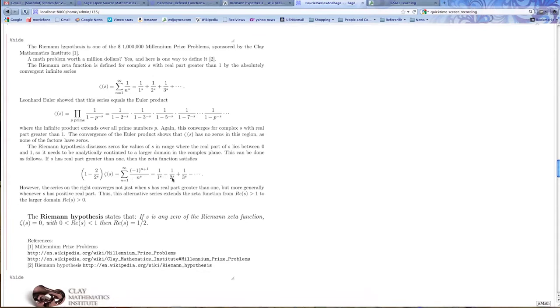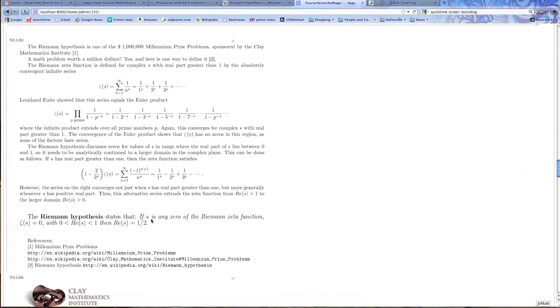The only difference between this expression and this expression is this tiny factor here. It's not too significant. It won't affect, for example, the zeros. So we now know how to define zeta of s as long as the real part of s is greater than 0. And now we can define the Riemann hypothesis.